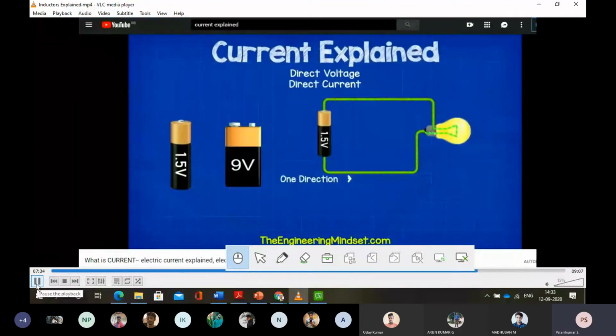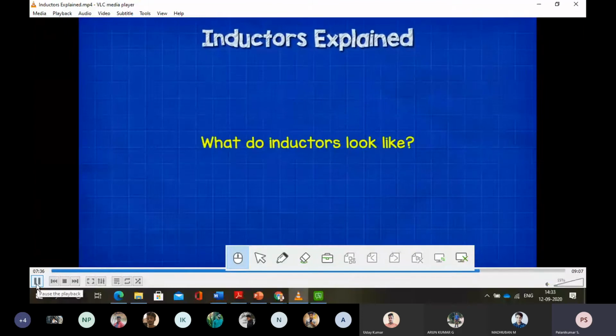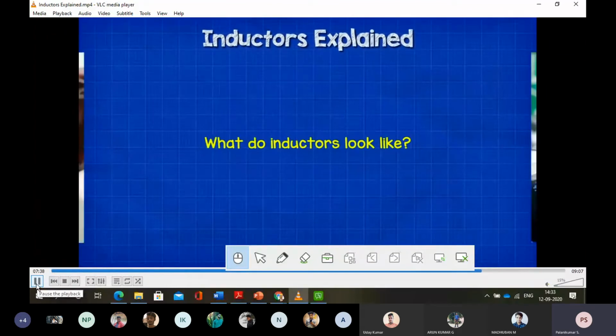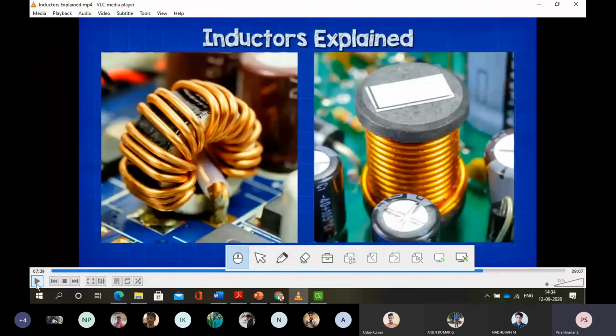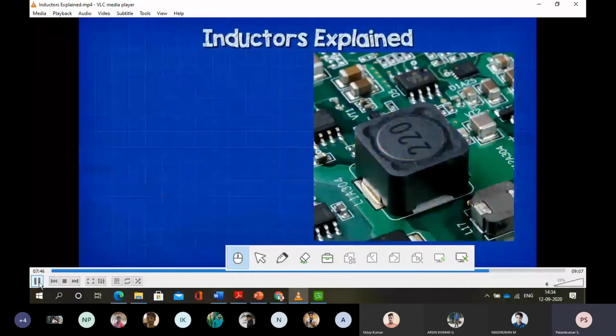So this current concept is already okay. What do inductors look like? Inductors look like this. It is like a coil, wound over a core, or like the second figure, wound like a coil. We have already seen that, but practically I'm showing how it looks.